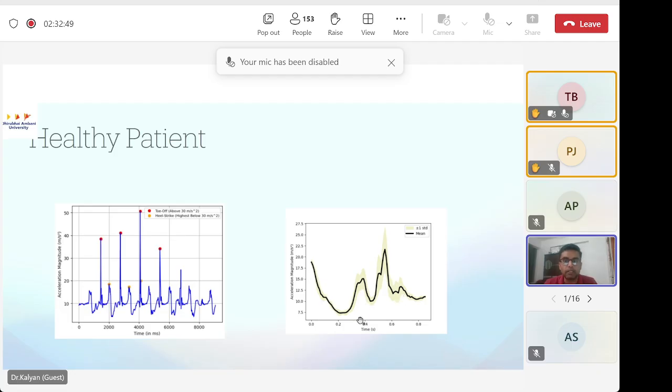So the black is the mean average and the yellow spectrum is the standard deviation, the plus or minus. So for this person, for that one walking session, there were, let's say, 7 or 8 gait cycles, and the average gait cycle duration was close to 0.9 seconds.